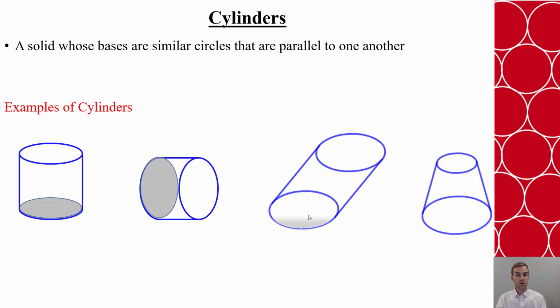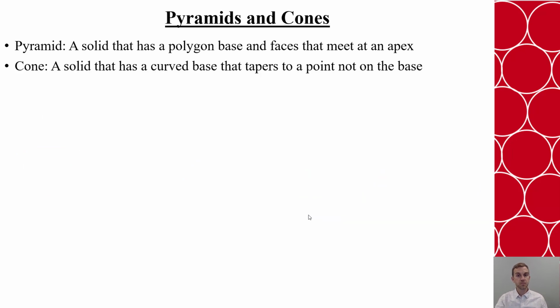If I look at the third one, yes, it's not at a right angle. It's got that skewness to it. It's called oblique. But if I follow that cylinder, the circle will pull through the entire solid. And in the third example here, they are not congruent circles. They are similar circles that go from a larger one on the bottom to a smaller one on the top, but that is still a form of a cylinder.